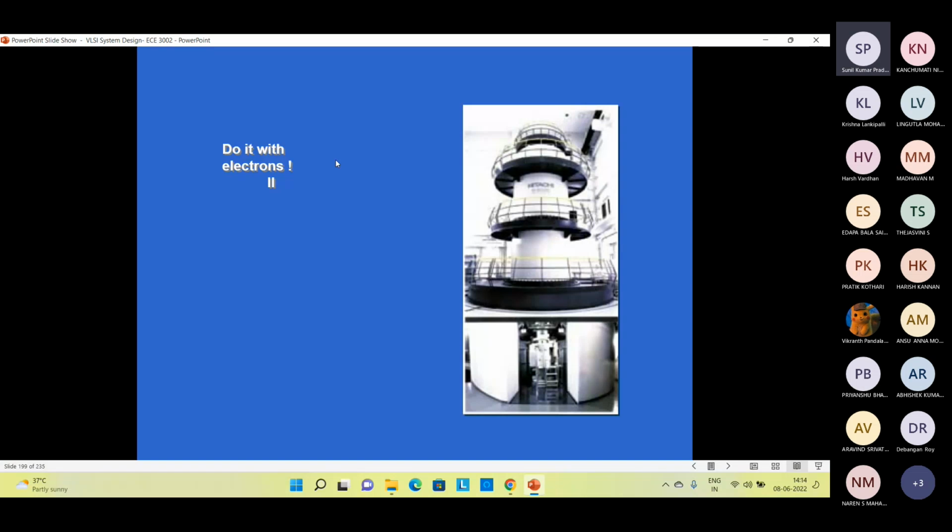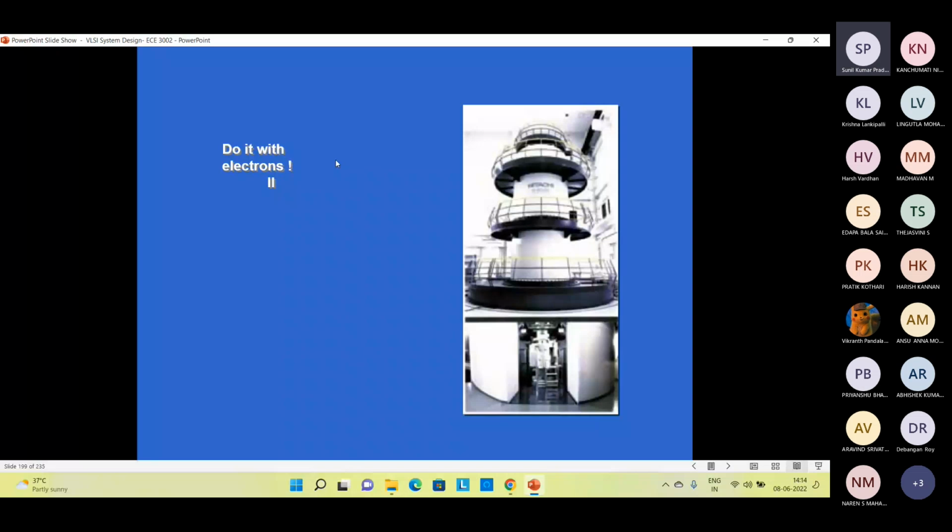When we make any devices, we should know what our devices look like. For that, we need to use some electromagnetic radiation. Previously, UV light or photon energy was used, but photon energy is not sufficient to resolve the aspect ratio of the devices that we have made.